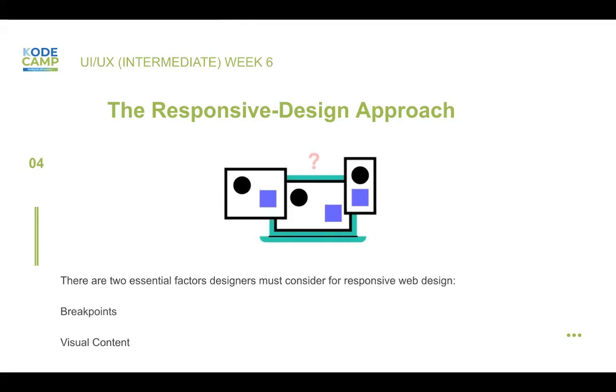If you want to start talking about breakpoints, for designers, you need to put three things in your mind when trying to design responsively. You have three viewports: your smartphone or mobile, your tablets, and your desktop. For a website to be fully responsive, you should consider both portrait and landscape.